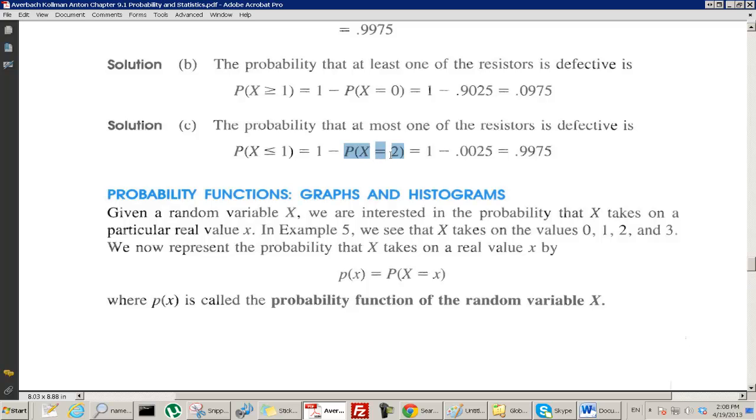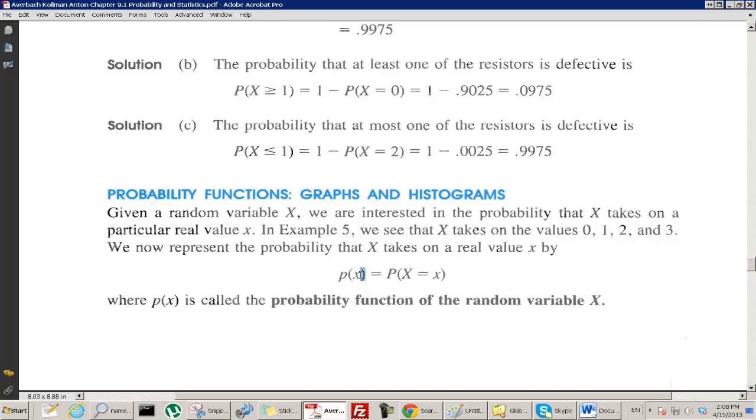And if we want to be general and not talk about 2, but the probability that x equals some number, then we'll just call it little x. Okay, so we'll say the probability that x equals some number little x, instead of 2 or 0 or 1 or 10 or whatever, and we'll shorten that to the probability of little x.